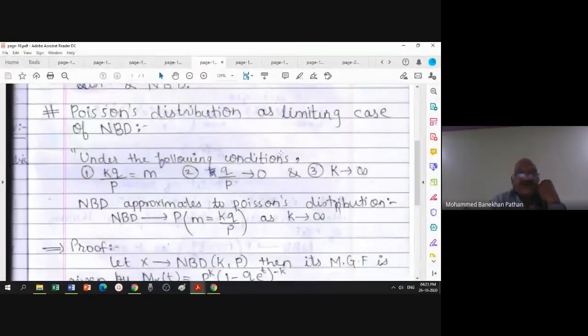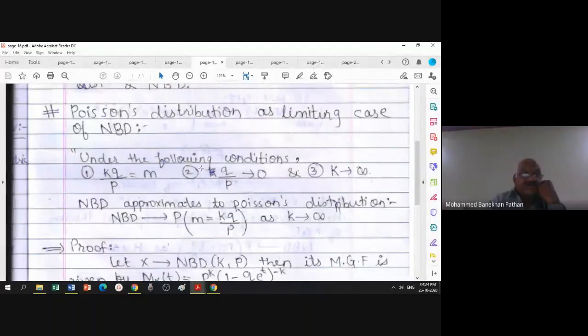Under the following conditions, number one condition, kq by p equal to some m as a constant. Number two condition, q by p tends to 0. And third condition, k, the number of successes, becomes large, that goes to infinity.